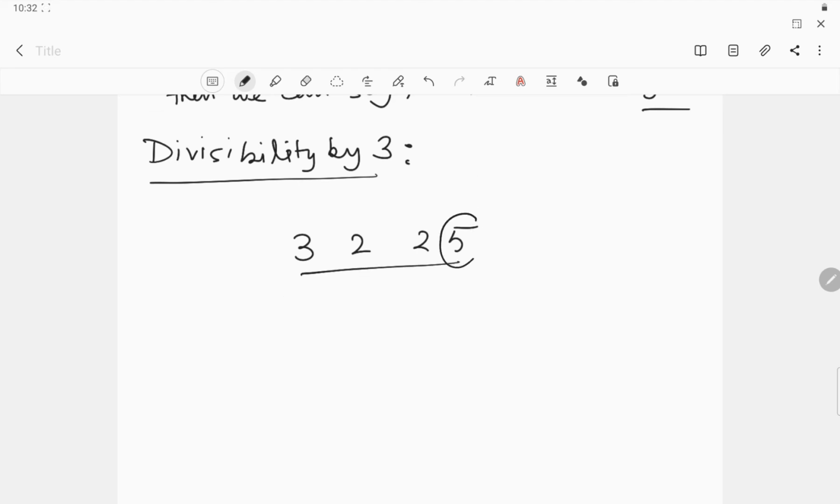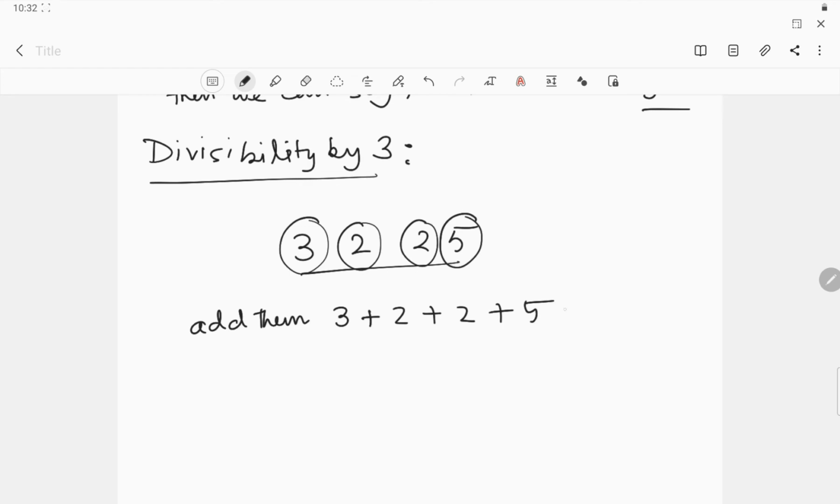So digits are 5, 2, 2 and 3. Add them. Simply add them. That means 3 plus 2 plus 2 plus 5. Right? So 3 plus 2 is 5, 5 plus 2 is 7, and 7 plus 5 is 12.